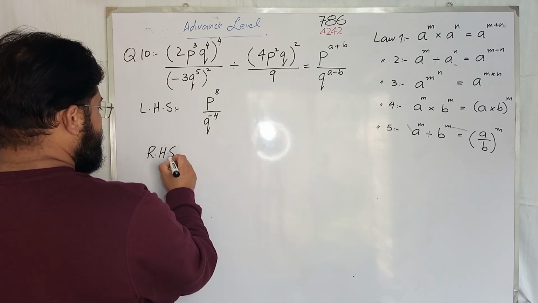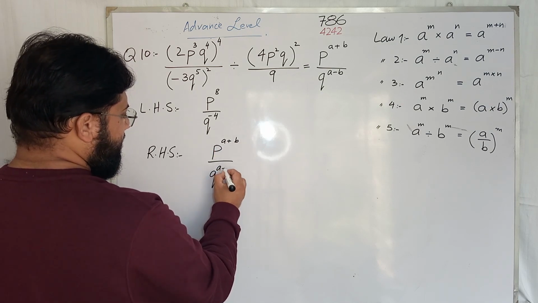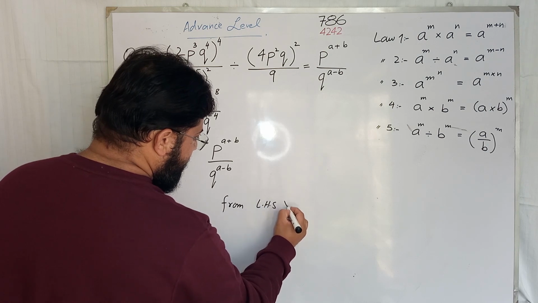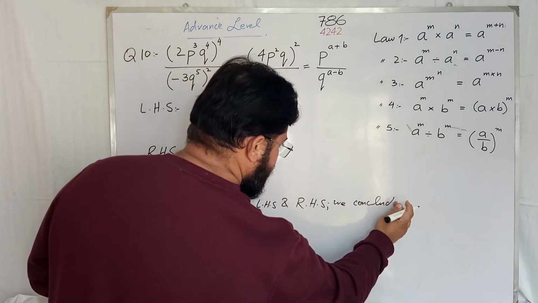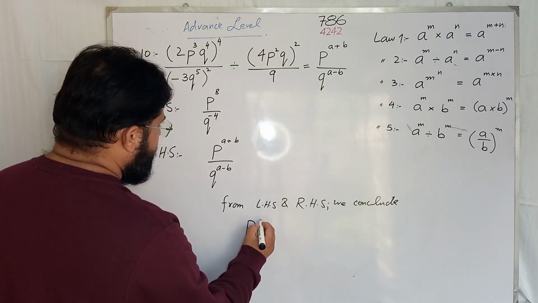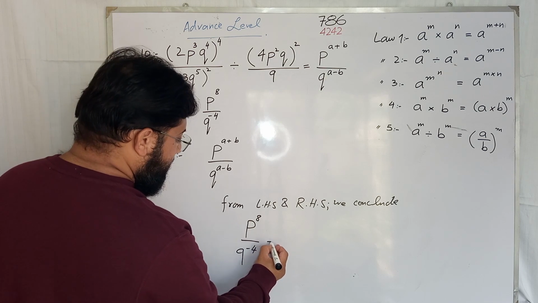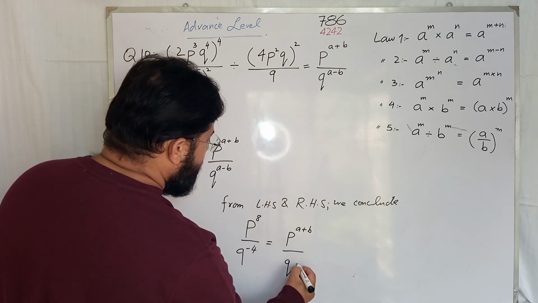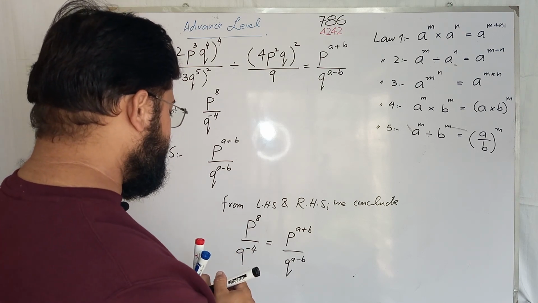Right hand side says P A plus B over Q A minus B. So then we will write down from left hand side and right hand side, we conclude P 8 over Q minus 4 is equal to P A plus B over Q A minus B.